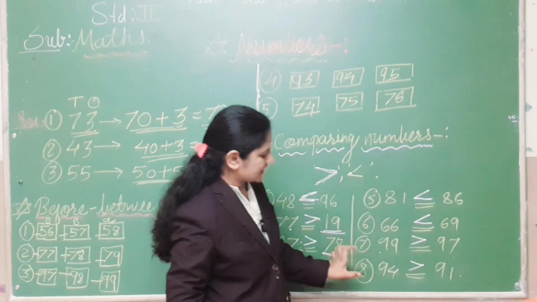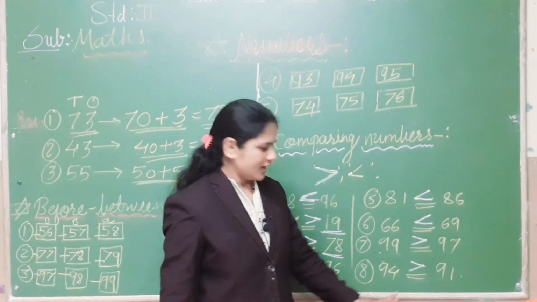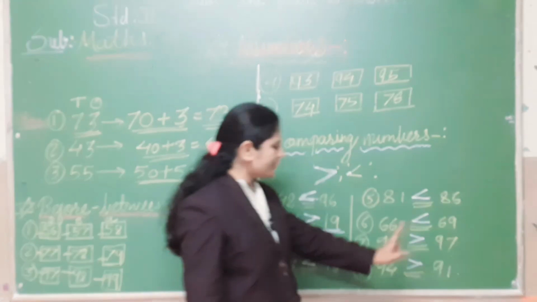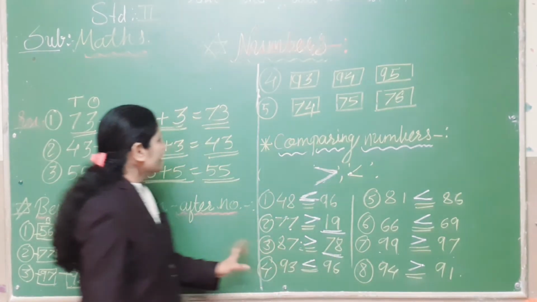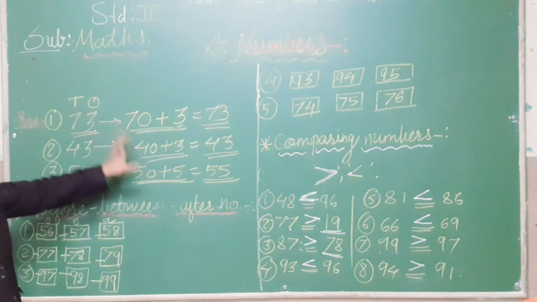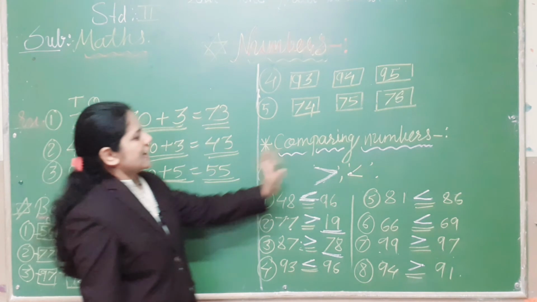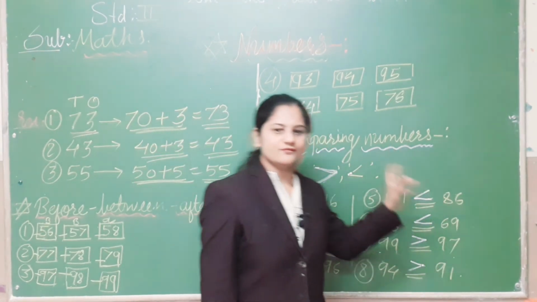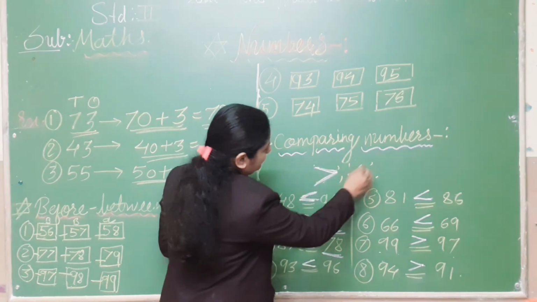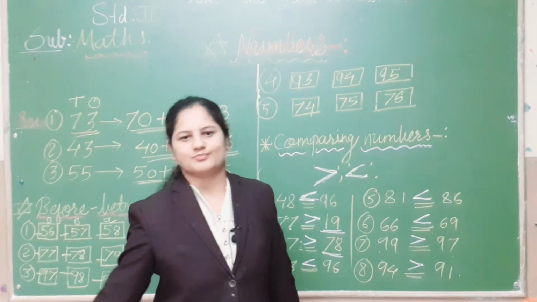Open arrow towards 94 and closed arrow towards 91, because 91 is the smaller number and 94 is the greater number. Clear, students? We learned about tens and ones, expanded form, then the numbers before, between and after, and then we came to comparing numbers. We use this symbol to compare numbers, and we saw these examples.